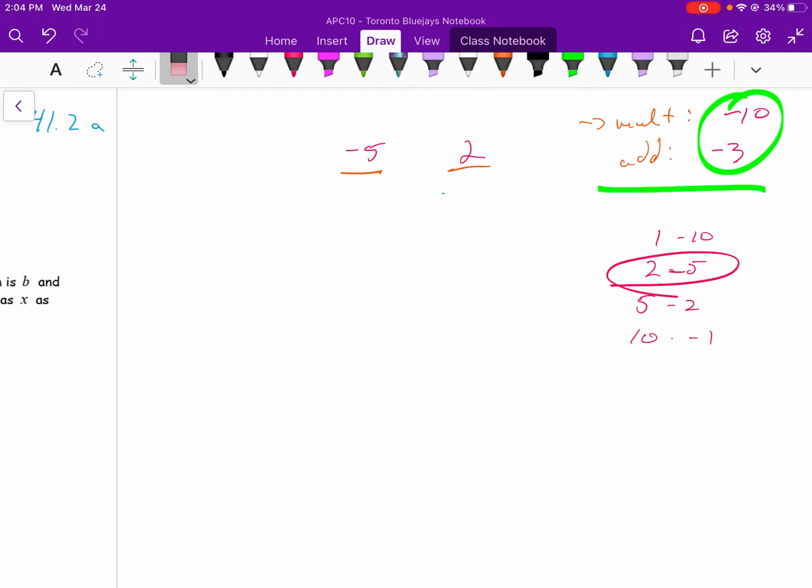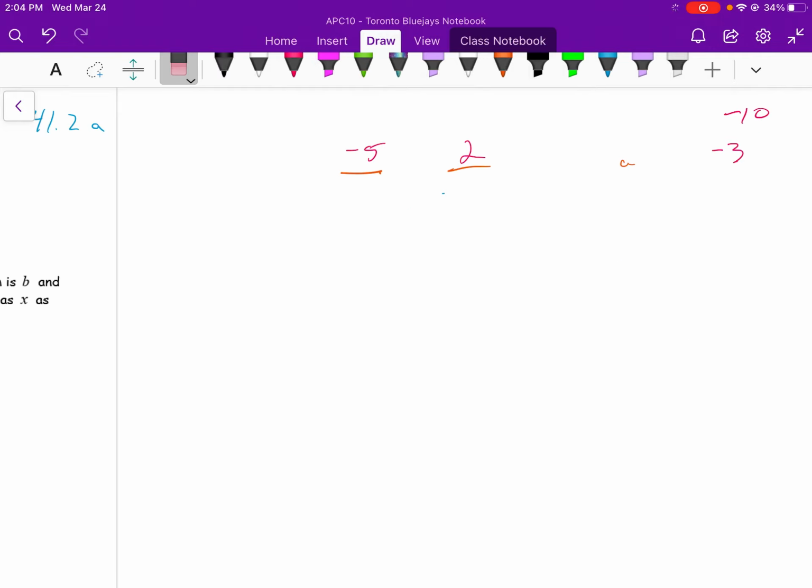You're going to use this key, but now I'm just going to say different words. What two numbers sum to 7 but multiply to 12?